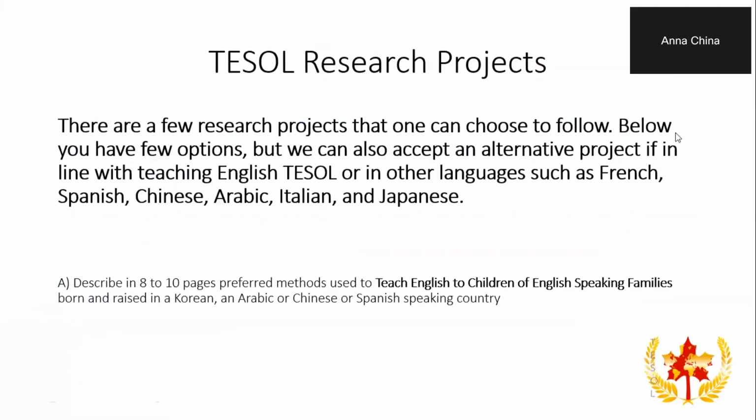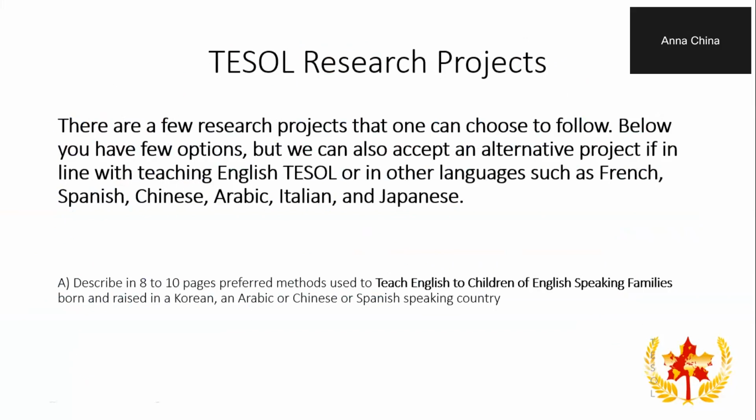And then finally, we're going to discuss briefly now so that you can start to analyze and consider the 4 topics available. There are a few research projects that you can choose from, but we also accept alternative projects if they are in line with teaching English or other languages such as French, Spanish, Chinese, Arabic.